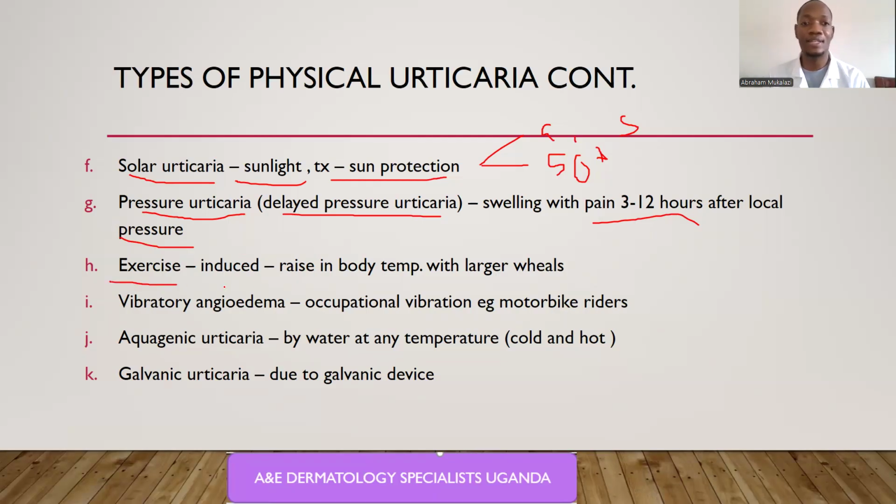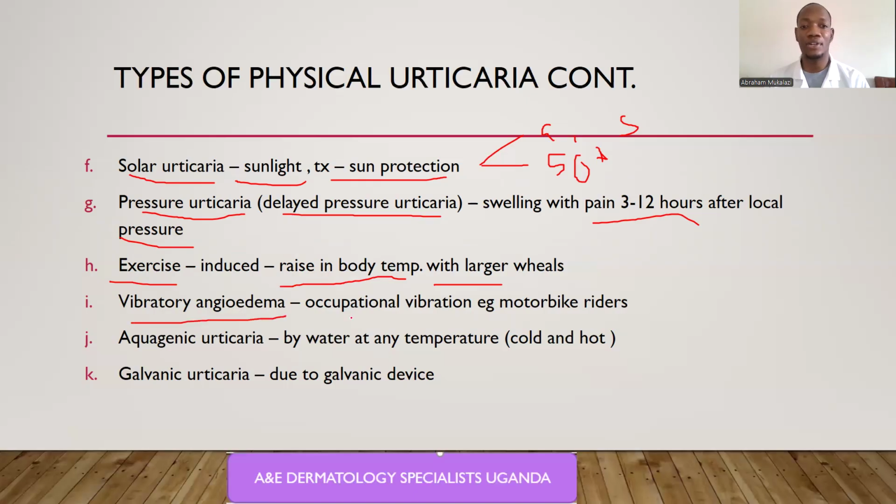Then for exercise-induced urticaria, it is thought that it is due to a rise in body temperature that triggers this urticaria. It is different from cholinergic urticaria because in exercise-induced urticaria, usually someone develops larger wheals and they can be all over the body, as opposed to cholinergic urticaria, which favors the face and the upper trunk.